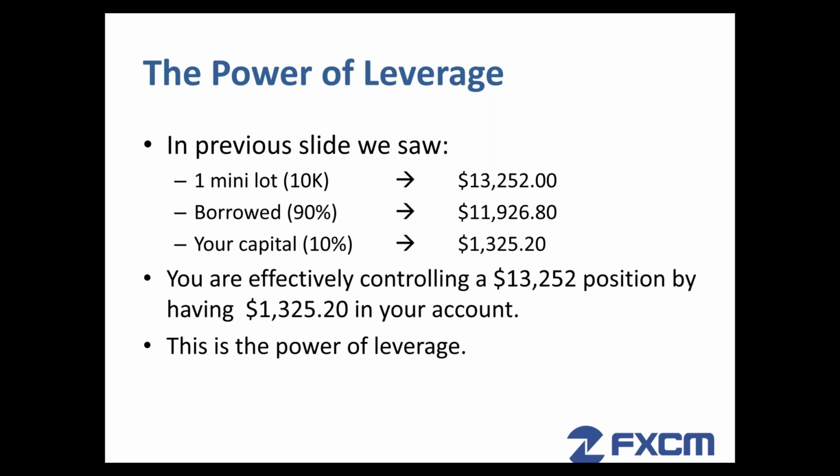And then the trader is required to just maintain 10% margin, which is $1,325.20 in their account. The trader is effectively controlling a $13,252 position by only having $1,325.20 in his or her account, and that is the power of leverage.